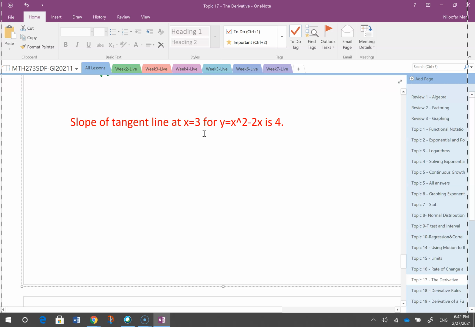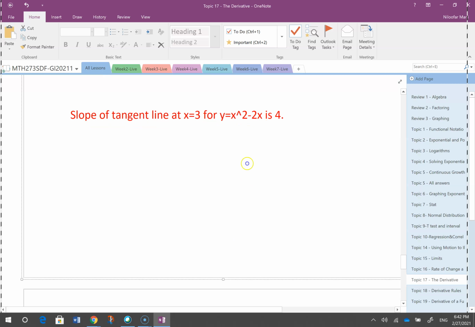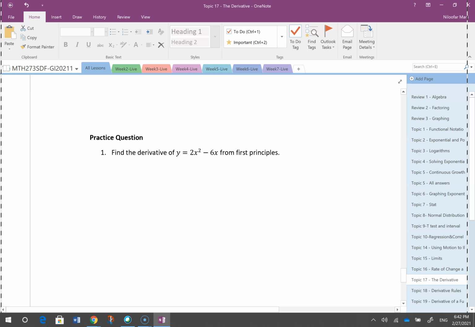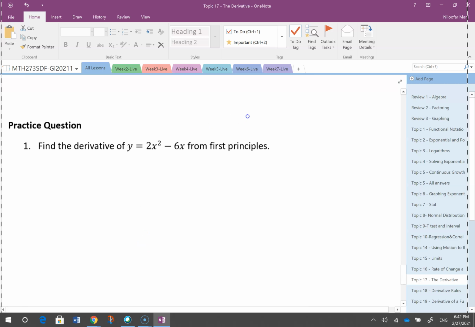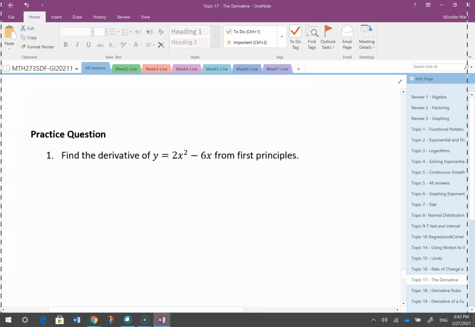Okay, the rest is practice, which is very similar. You can do it, and then we are done by this lesson. This is very similar, so you can find it with first principle, or I can write the formula for you, and then you can do it.